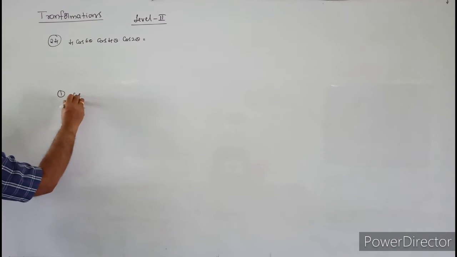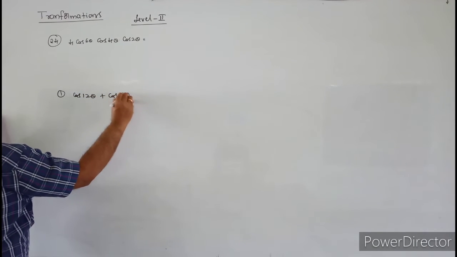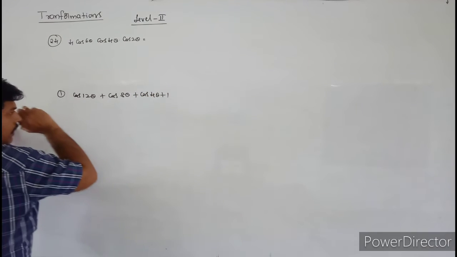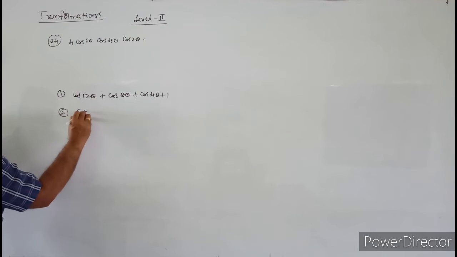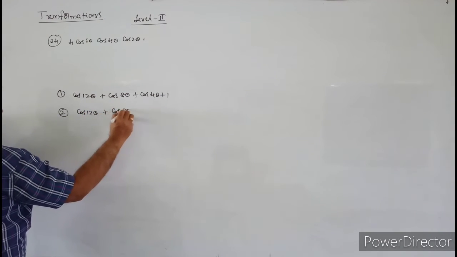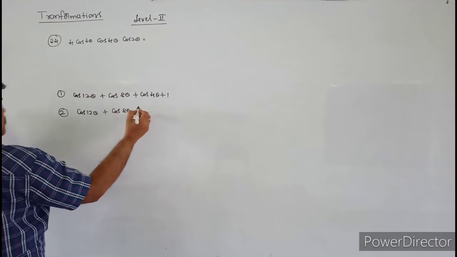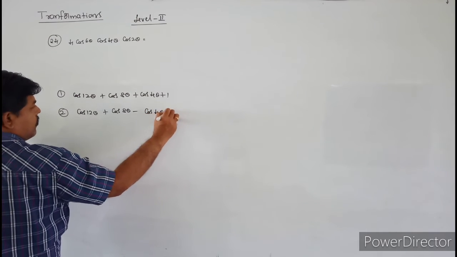Cos 12 theta plus cos 8 theta plus cos 4 theta plus 1, and cos 12 theta plus cos 8 theta, not the plus, this is the minus cos 4 theta plus 1.